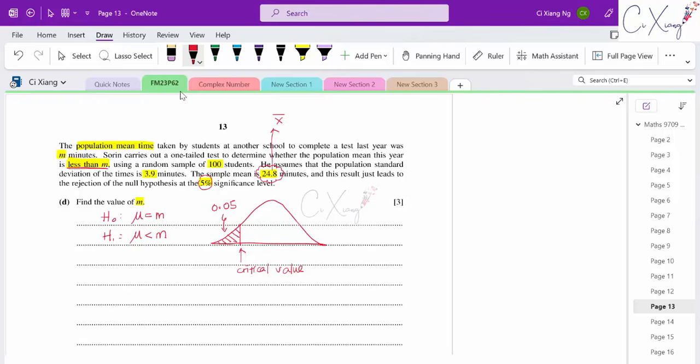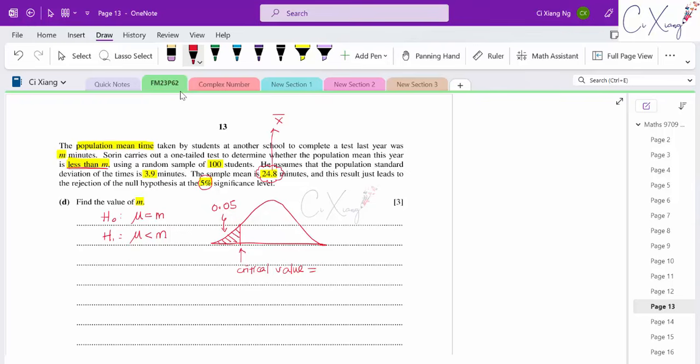That means the value that I get will fall under the rejection region. So first of all, let's try to find out the critical value.